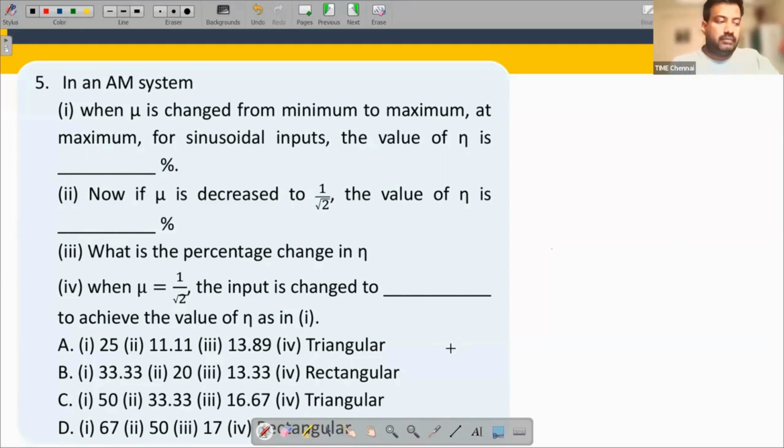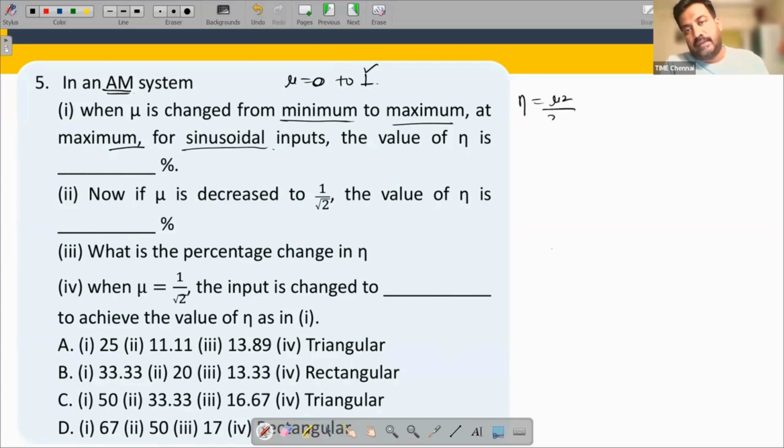In an AM system, when mu is changed from minimum to maximum, that is from 0 to 1, at maximum, for sinusoidal input, the value of eta is mu square by 2 plus mu square. When mu is 1, that's 1 by 3.